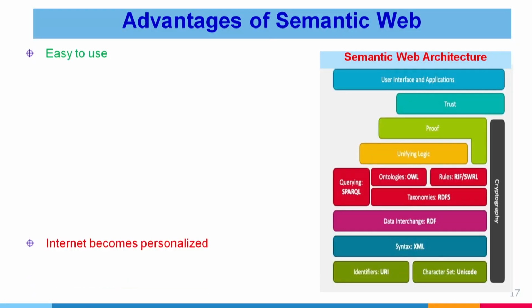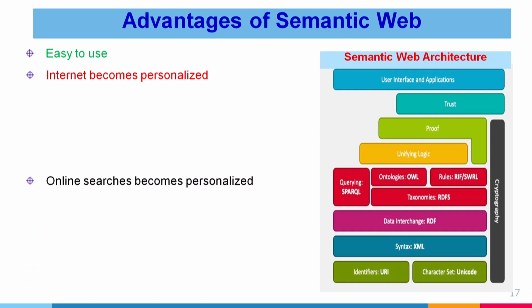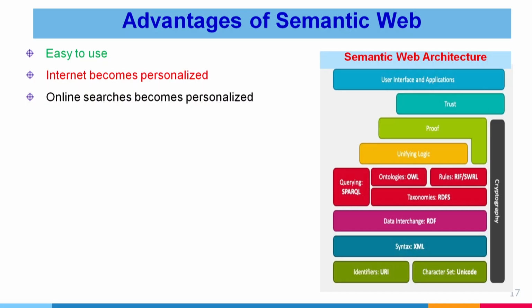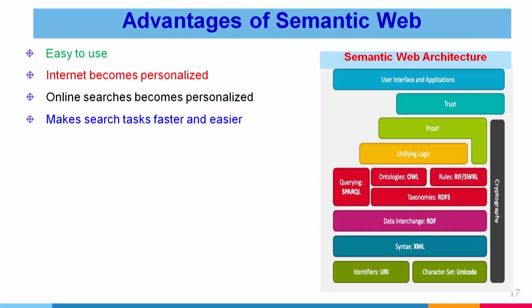It is very easy to use, and one of the major advantages is you will have a personalized area. That means the internet you are accessing becomes very much personalized, and online searches also will be personalized, and all your searches will be made easy as well as faster.